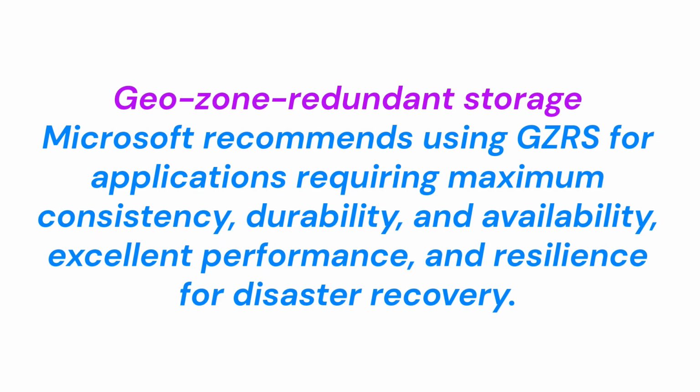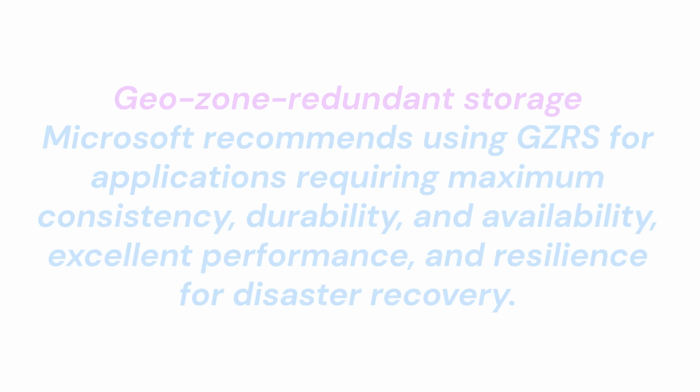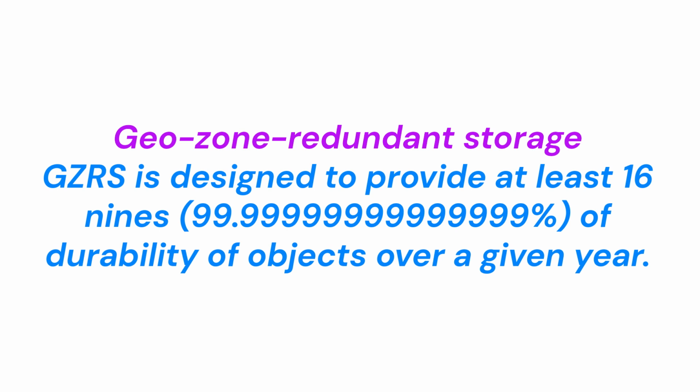Microsoft recommends using GZRS for applications requiring maximum consistency, durability, and availability, excellent performance, and resilience for disaster recovery. GZRS is designed to provide at least 16 nines, 99.9999% of durability of objects over a given year.